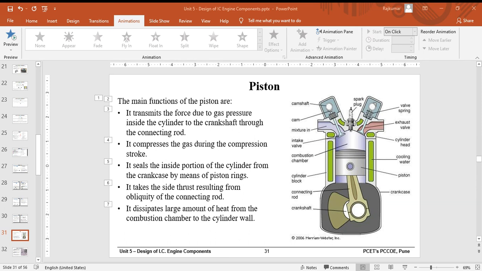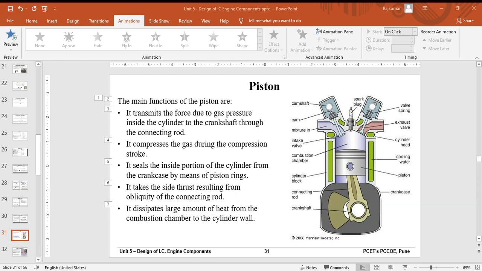So we need to consider the side thrust, and it also varies over a period of time. In figure one, first, second and third, you can see the direction of the side thrust, and its value also changes, so that needs to be considered.